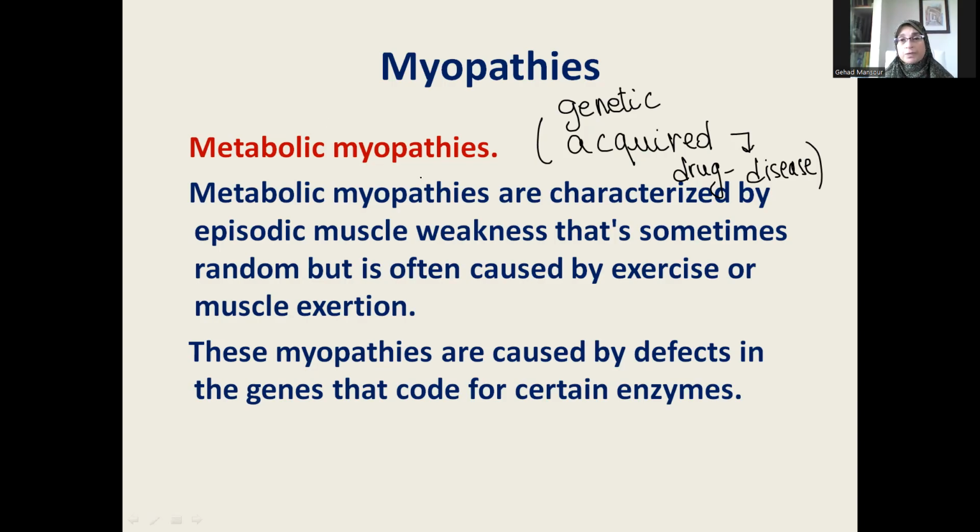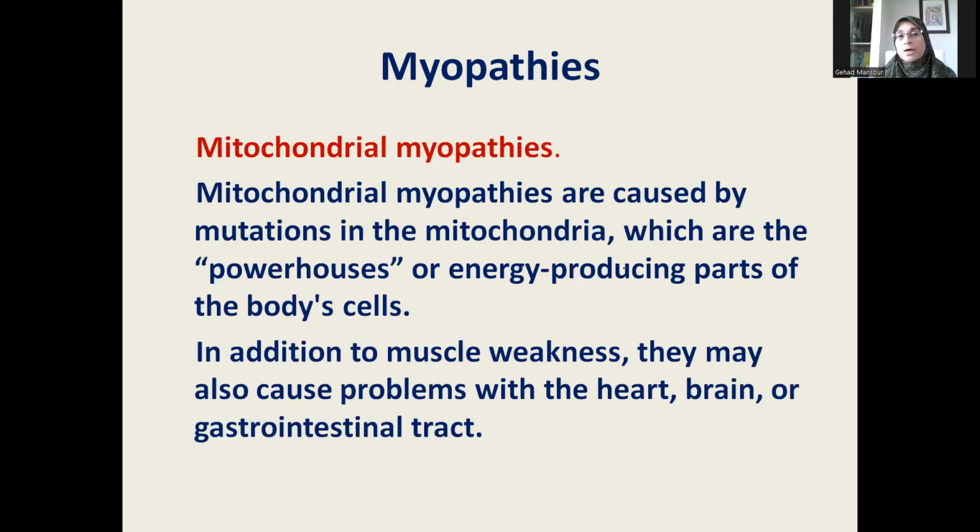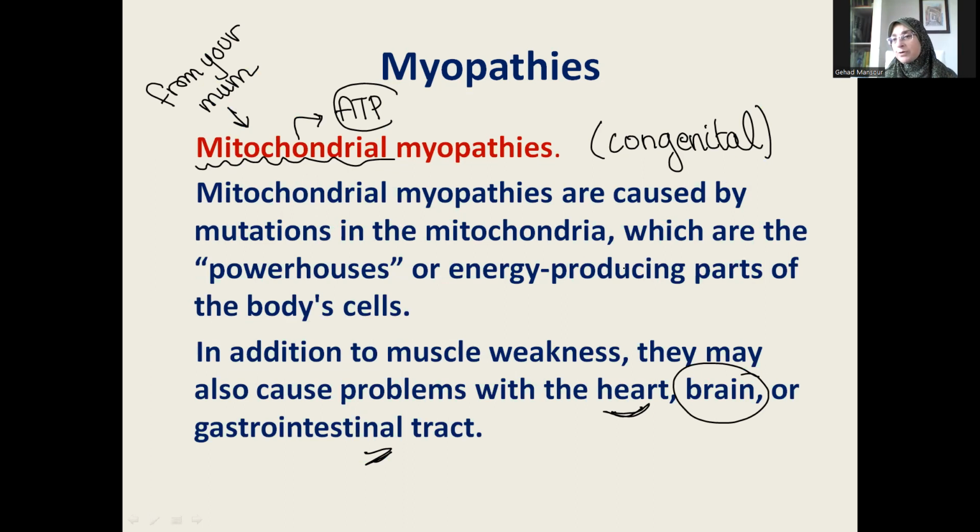Metabolic myopathies, when they are congenital, are characterized by episodic muscle weakness. Episodic muscle weakness means that it is not continuous. It's not like the previous example, the mitochondrial myopathies, where the weakness was at its maximum and continuous throughout life.